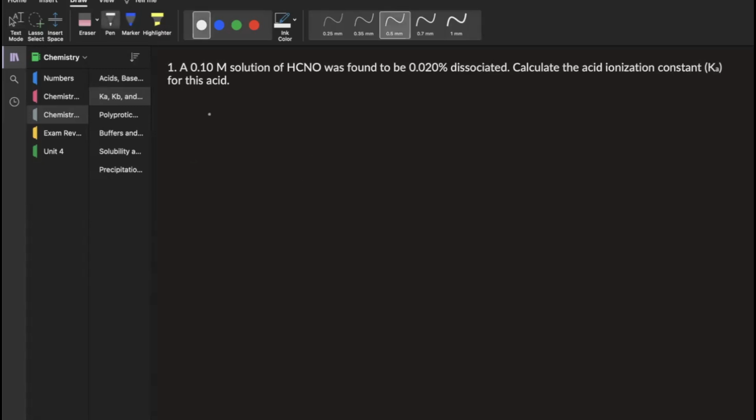So we have HCNO, an acid, plus H2O gives us CNO minus plus H3O plus. Remember, to get these, we know that HCNO is working as an acid, so it's losing a proton, and H2O is working as a base, so it's gaining a proton.